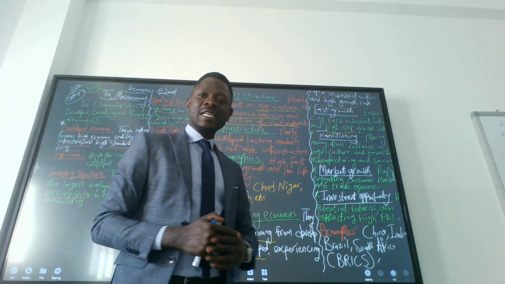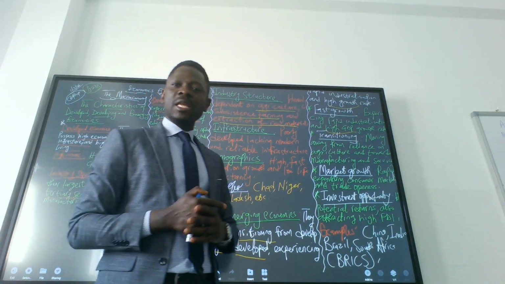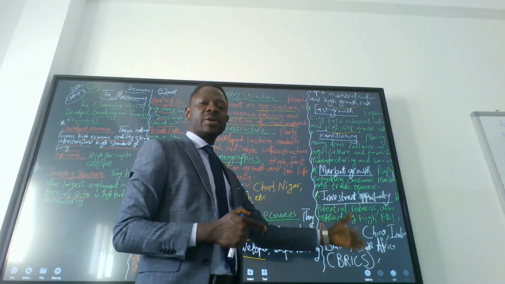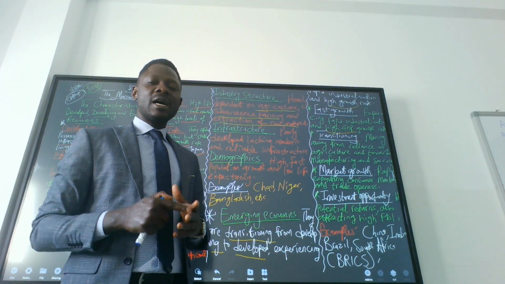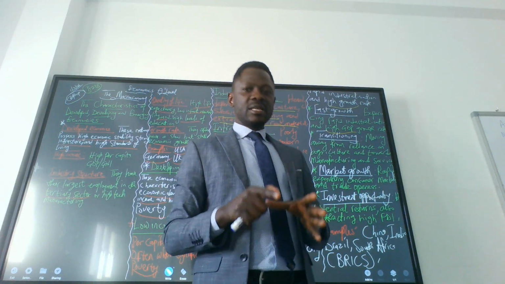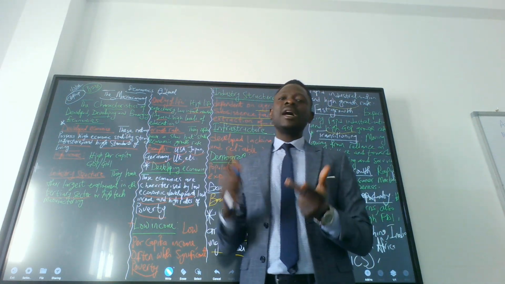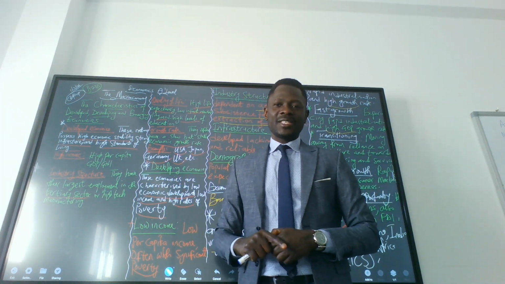Examples of emerging or rapid developing economies are China, India, Brazil, South Africa, the BRICS countries. So these are the characteristics of developed economies, emerging economies, and developing economies. Thank you.